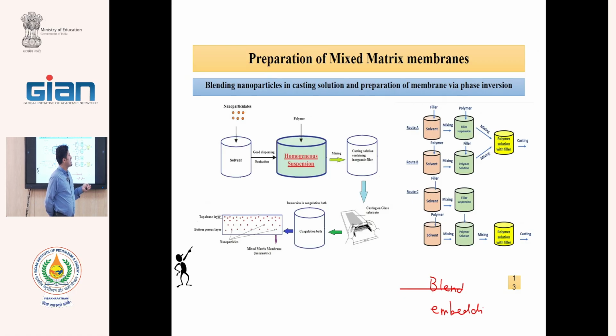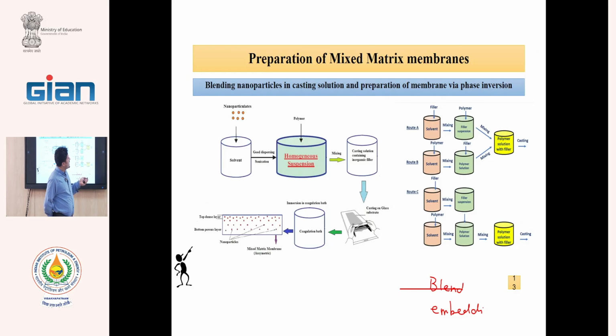The solvent should dissolve the polymer, okay? And we first add the nanoparticulates or nanomaterials to the solvent and use good dispersion. And after preparation of a well-dispersed suspension, we add the polymers, okay?